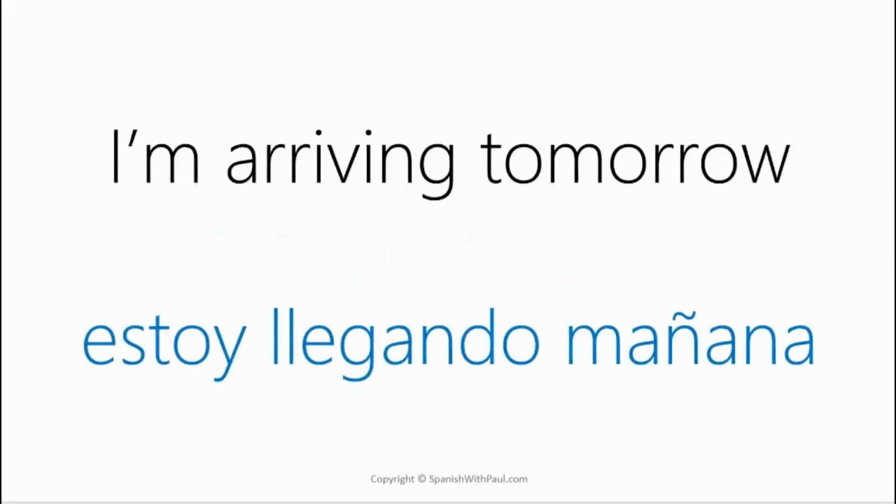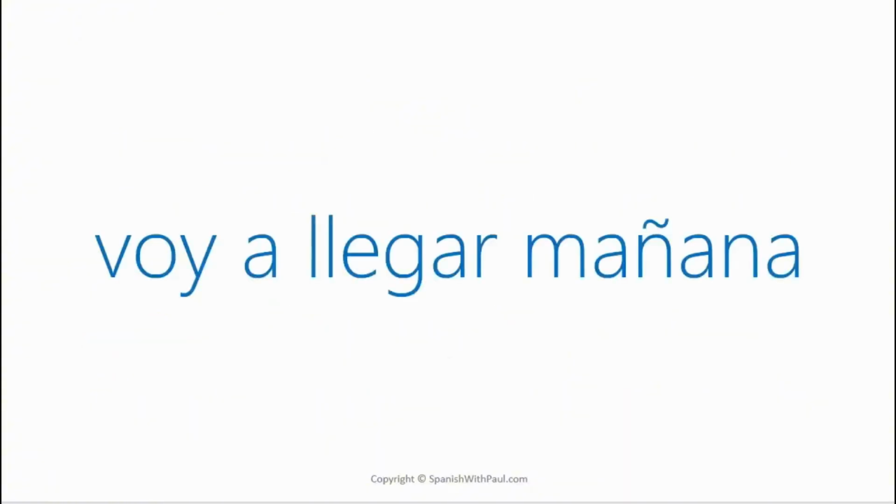Here are some more examples for you. You could say in English, I'm arriving tomorrow. And if you did a literal translation of that into Spanish and said, estoy llegando mañana, this would immediately be heard as a mistake, because you're using the present progressive, estoy llegando, but this action is not really ongoing right now. It's going to happen. You're going to arrive tomorrow. So instead, in Spanish, you would have to say, voy a llegar mañana.